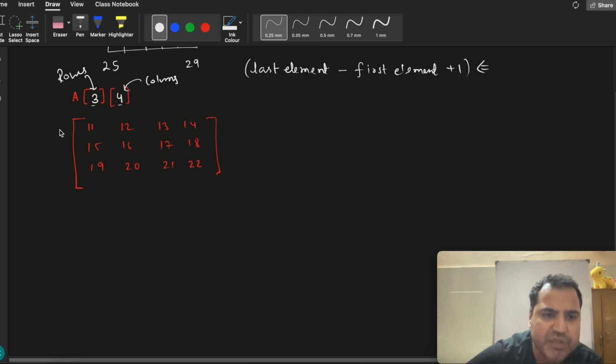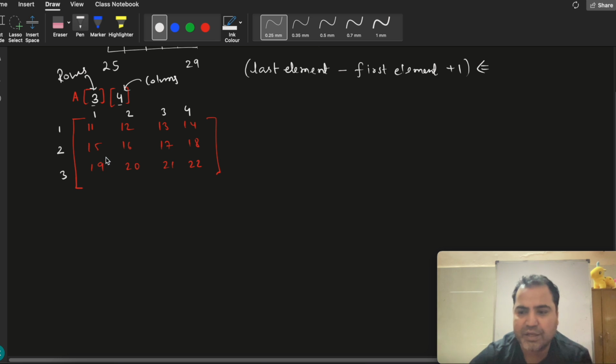So this is the first row, second row, third row, and first column, second column, third column, fourth column. To make the audience clear that it should not always be a square matrix, we can declare the array size like this, or in any order.